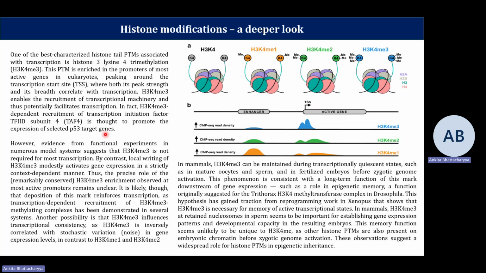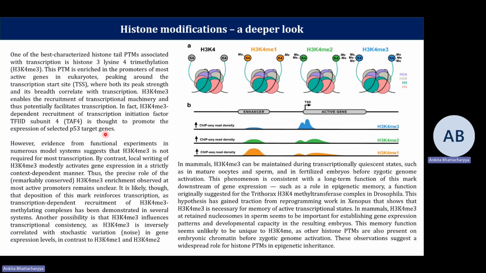So the presence of H3K4me3 at certain loci in a transcriptionally paused state is necessary so that when the oocyte and the sperm fuse and a fertilized zygote is formed, an immediate switching on of transcription can be carried out. So it's sort of preparing the cell so that it knows that these are regions which need to be actively transcribed.